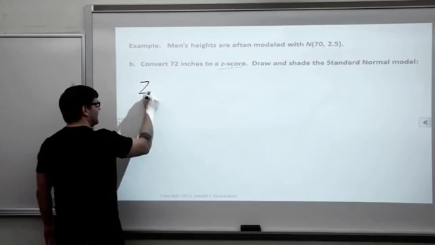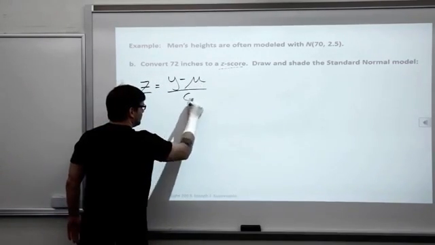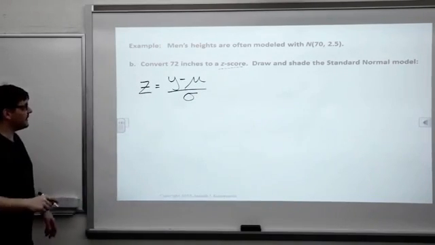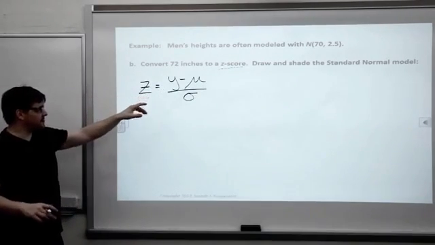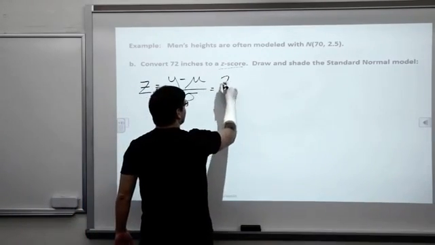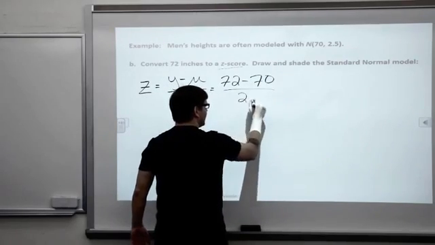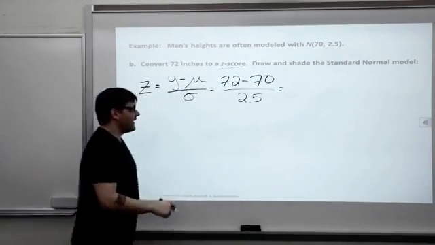So if I do the z-score formula up here, z equals y minus mu over sigma. I'll take 72, I'll subtract off the mean of 70, divide by sigma, and so if we put the numbers in, 72 minus 70 up top, divided by 2.5.